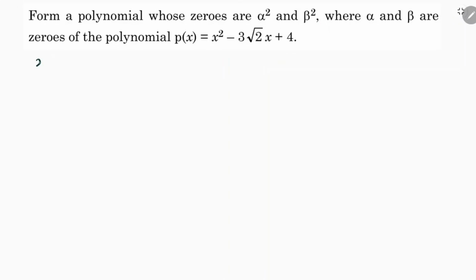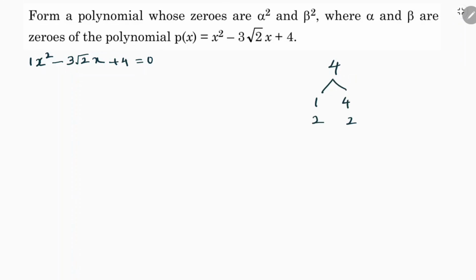First I'll find the zeros of the polynomial. So the polynomial is x² - 3√2x + 4 = 0. Here the coefficient of x² is 1, and 1 into 4 is 4. So 4 factors as 1 into 4, or 2 into 2.